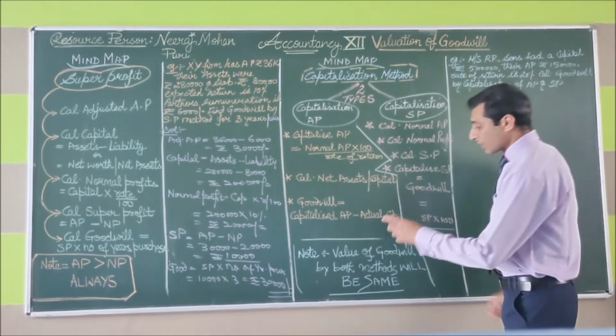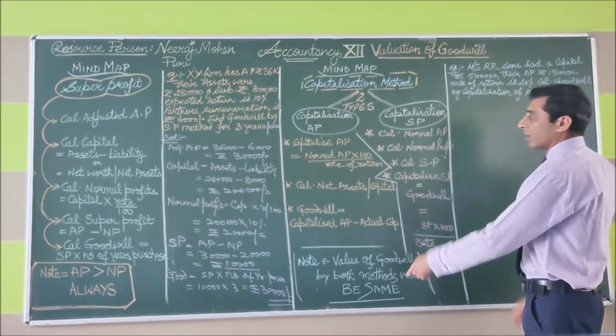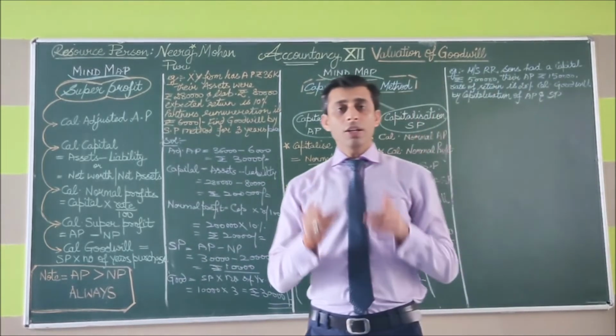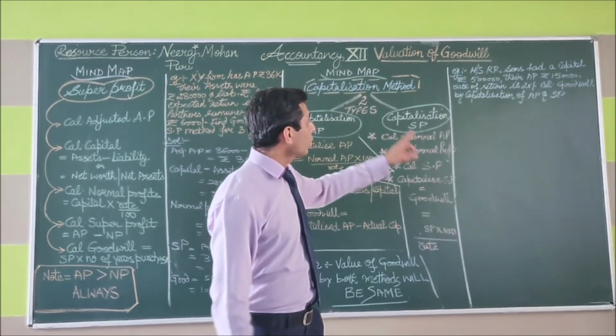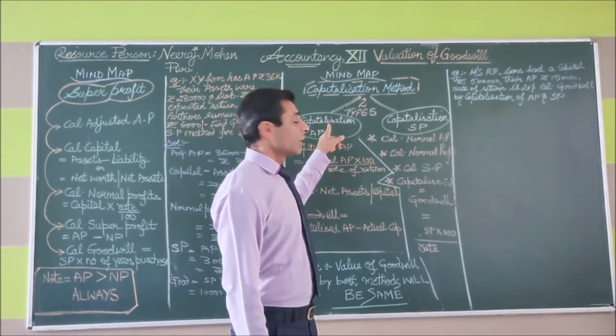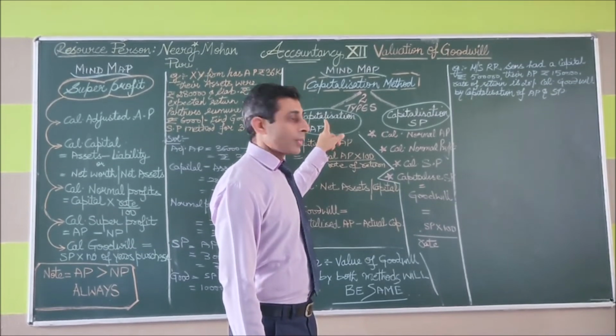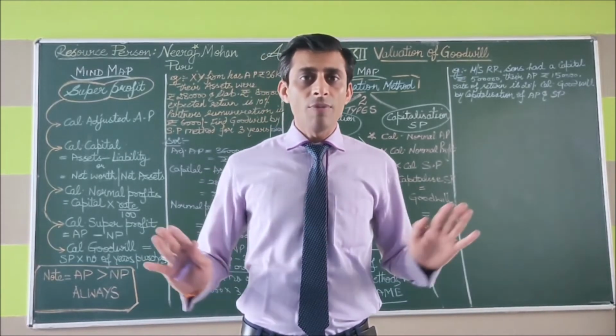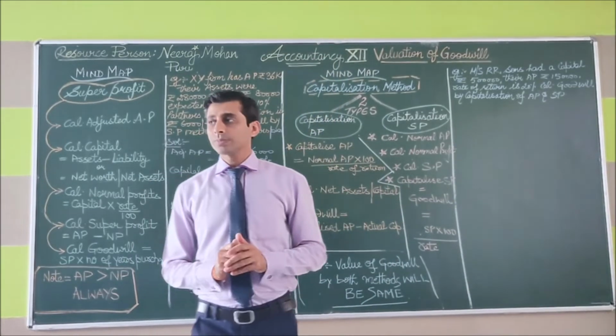Remember that the answer for goodwill from both the methods will always be the same. If we solve the same question by capitalizing average profit as well as by super profit, the answer would come out to be the same for both methods.